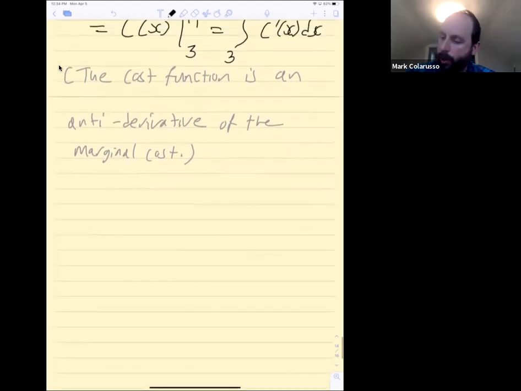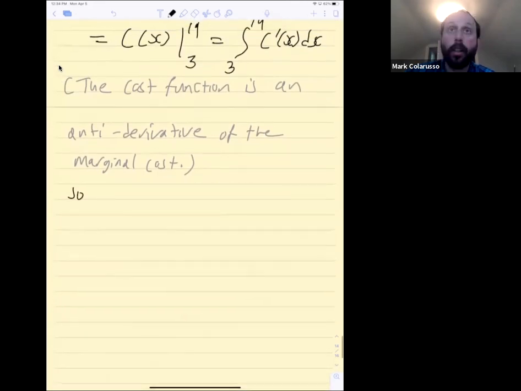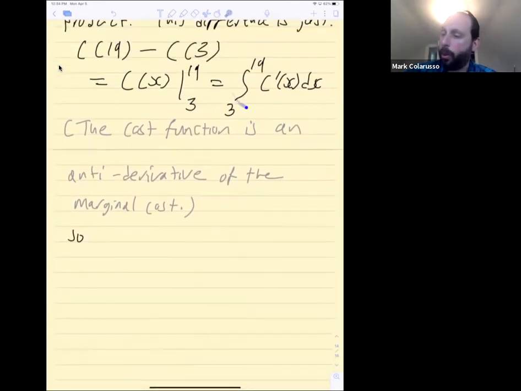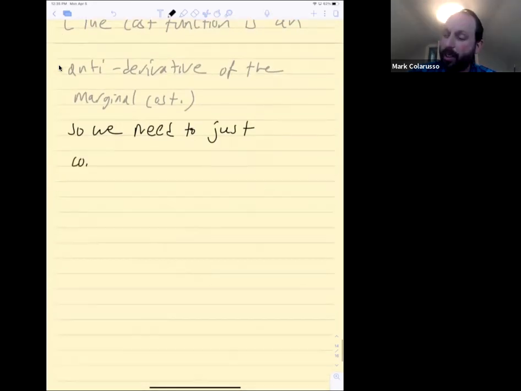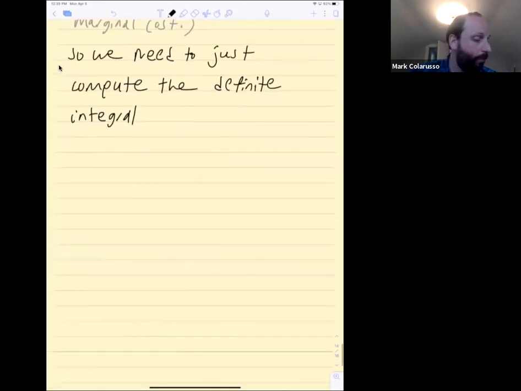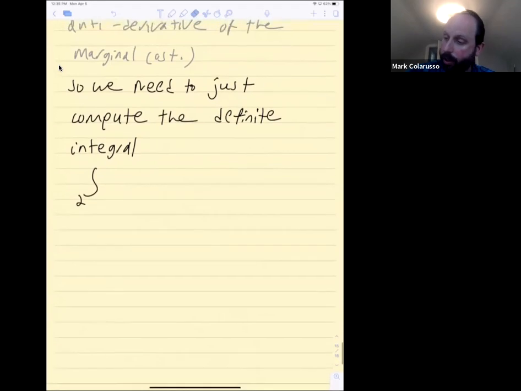So all we need to do is compute the definite integral from 3 to 19 of C prime of X dX.